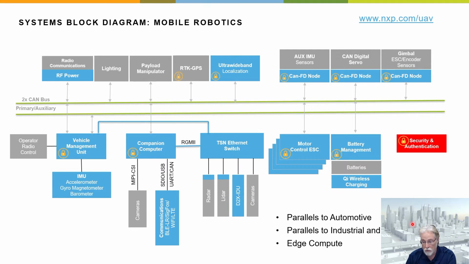secure architectures. But unlike automotive, these small vehicles really also mirror IoT devices and edge compute devices because typically they're not transporting a person. Of course, you could, if they're transporting a package, yes, but then there's also lots of IoT in terms of use cases where you're sensing or doing survey type applications.